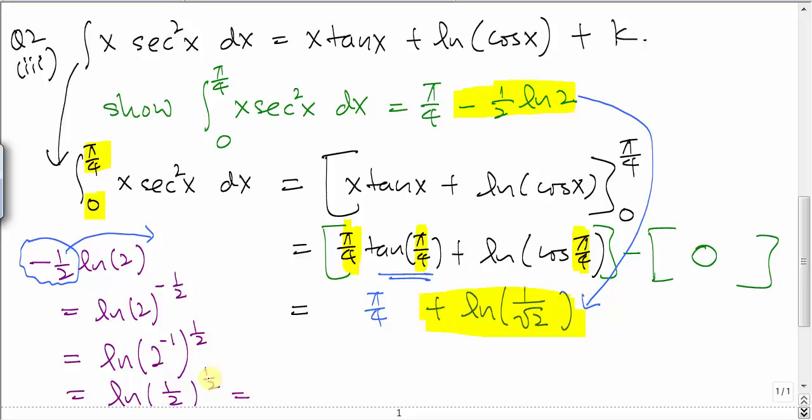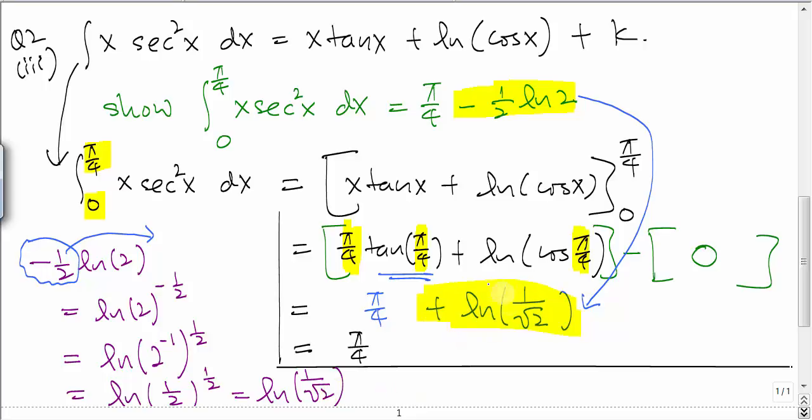And if we bring in this power half, which is a square root, we'll get ln 1 over square root 2, which is the result here. Therefore, this highlighted expression can be rewritten into minus half ln 2, shown.